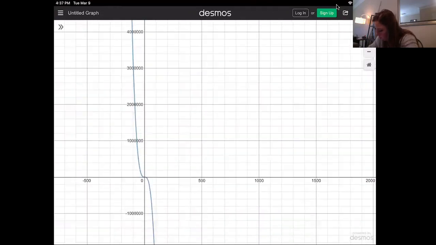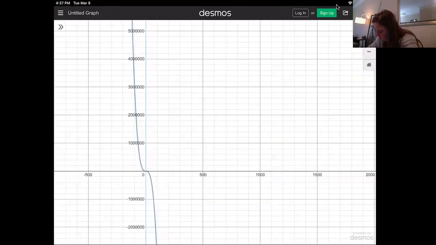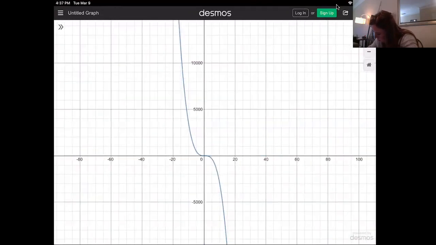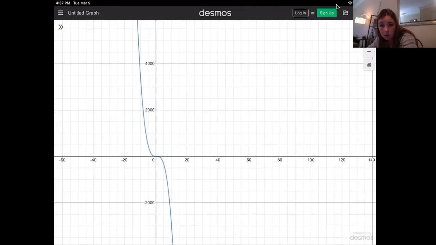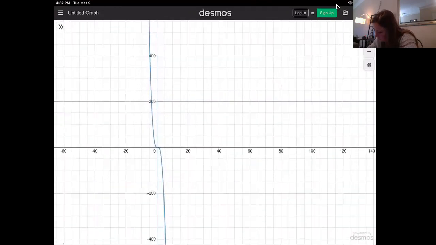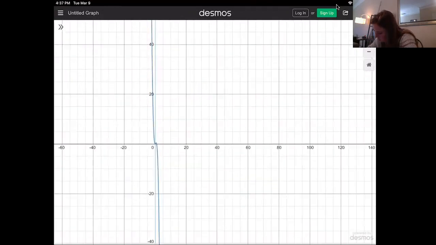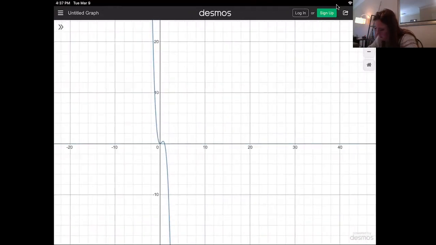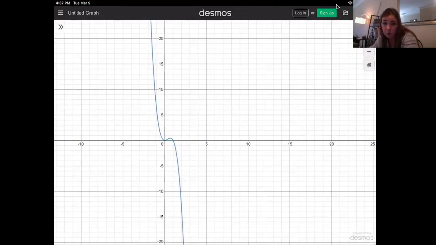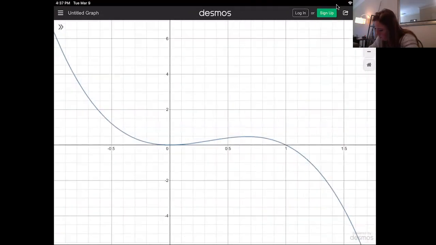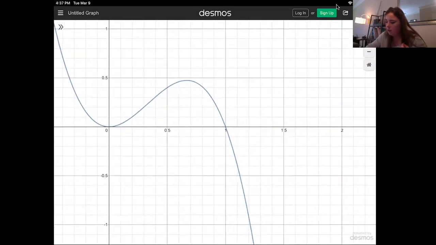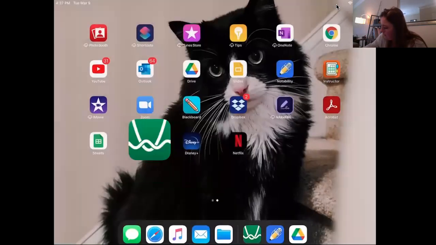I'm zoomed out a lot. If you grab onto the axes on Desmos, you can fix it. Some of you were just giving me this whole thing. But what I really want is just that little smidgen that I had before, because that's all I care about.